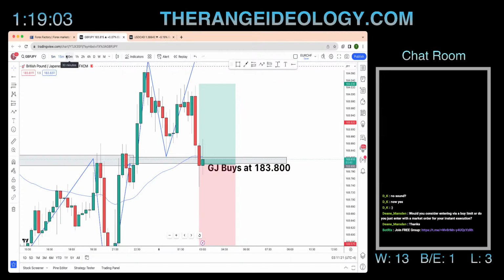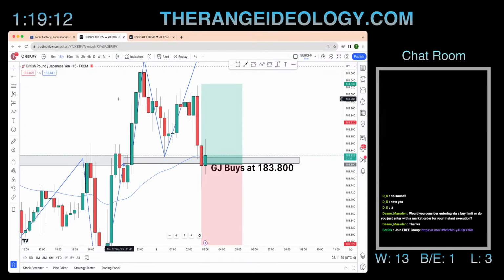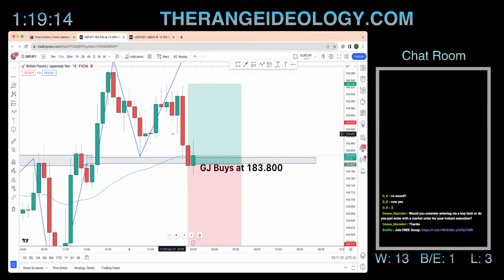Again, it's tapping and rejecting the EMA to the upside. Can we get a strong push? We are closing off the 50-minute candle in the next 4 minutes. So it'll be very, very interesting to see how this current 50-minute candle closes.